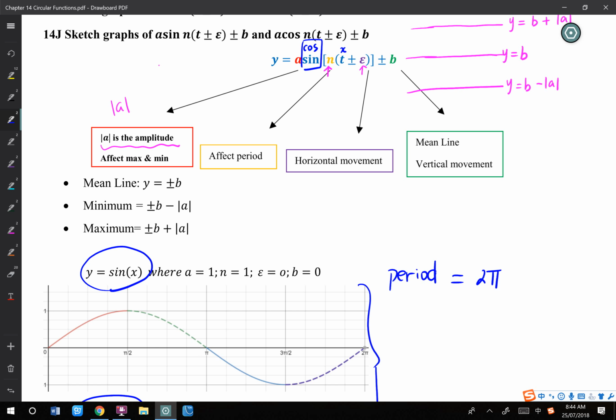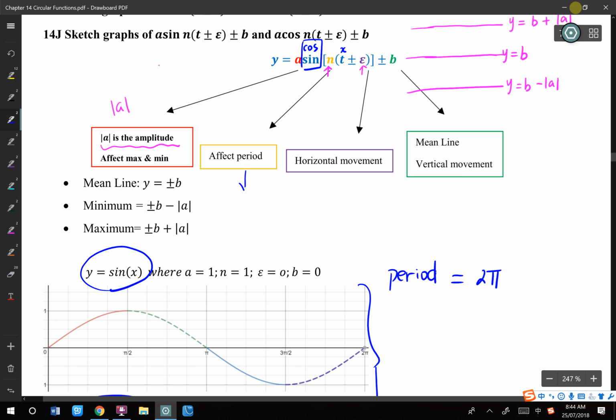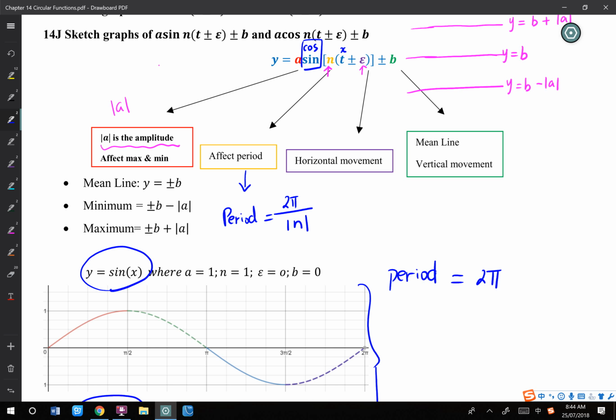So what's the way to calculate the period? Period equals 2 pi divided by the absolute of n. Again, n can be negative, but we only use the positive value of n. So it's 2 pi divided by n. You can work out what the period is.